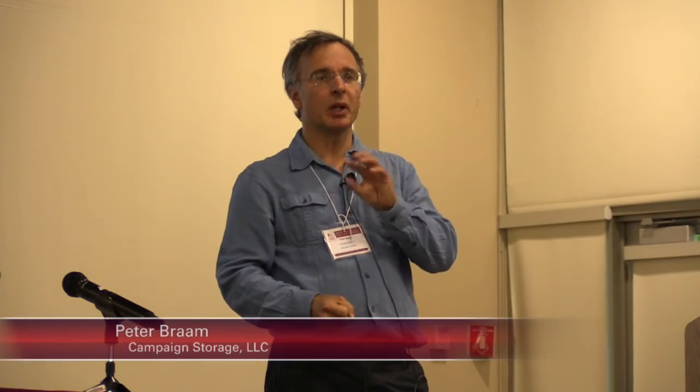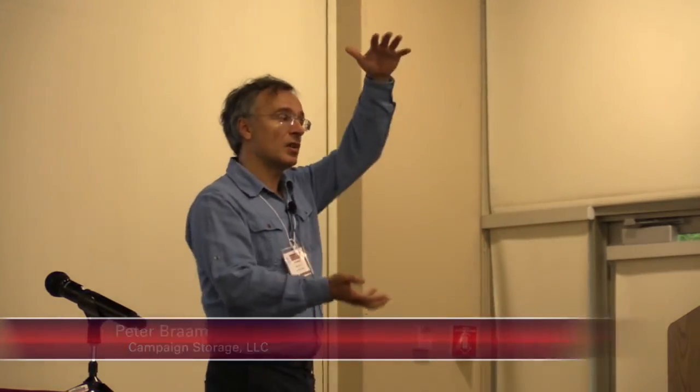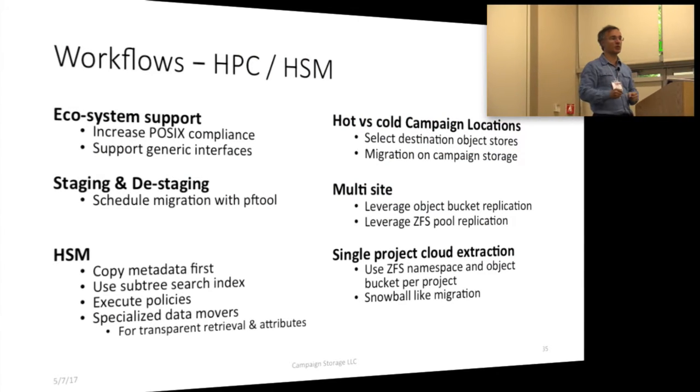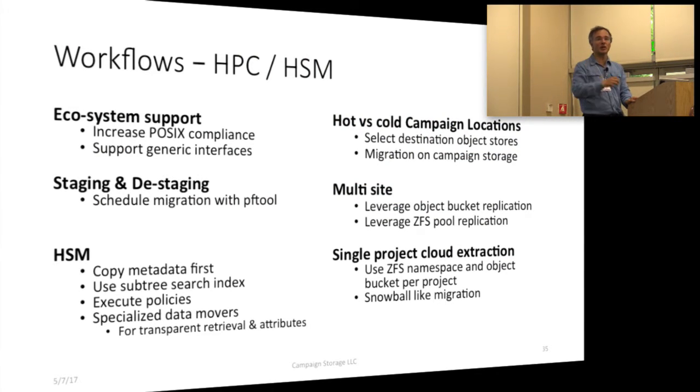Because these buckets and namespaces are supported by very good data migration tools. And so, for example, you could extract a project to the cloud relatively easily by simply taking a small piece of this big CFS file system and saying, well, that's actually what belongs with this project. Let's put that in the cloud together with a bucket of objects.